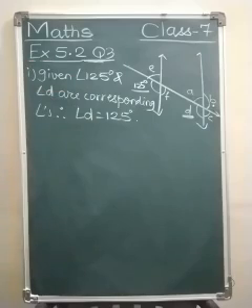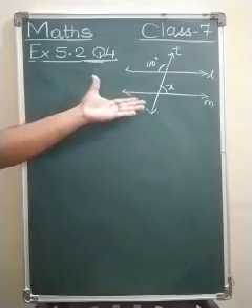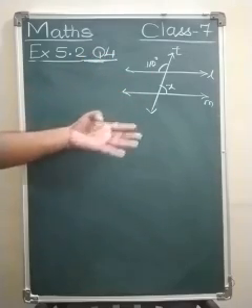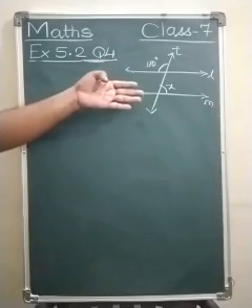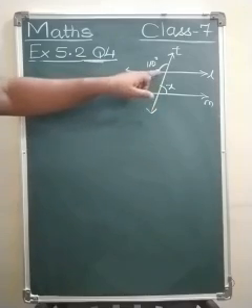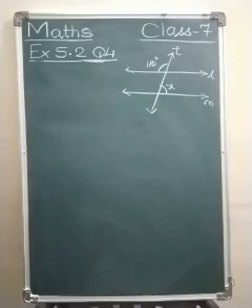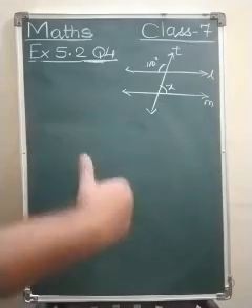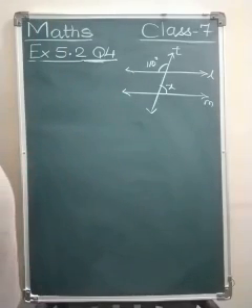Let us see. Okay, so this is the question figure, and in the question figure you have to find out the angle X. 110 is given. So we have to find out what is the value of X. In order to find it, we have to make some adjustments in the figure.